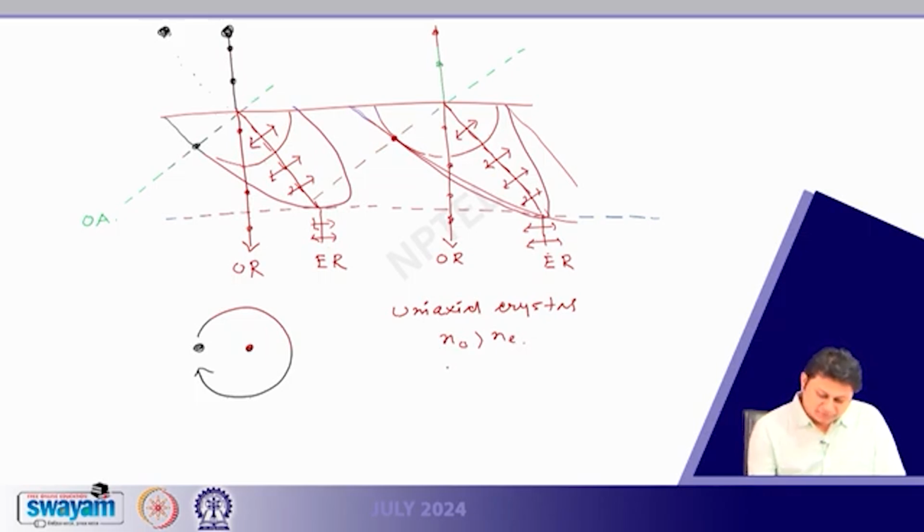So if I write in terms of velocity, the velocity of the ordinary ray will in that case be smaller than the velocity of the extraordinary ray. So the O ray travels slower, at a smaller velocity than the E ray.